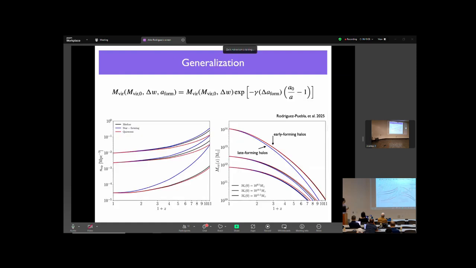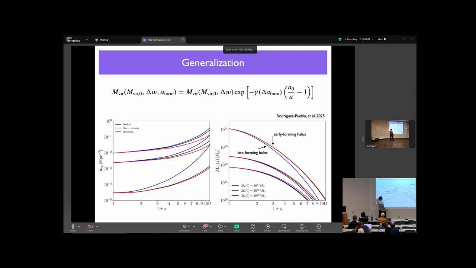And finally, we also provide a way to generalize this model. We use the halo mass growth histories proposed by Risa Wechsler as a way to modify a bit our fit of the growth of dark matter halos. So now our formula for the median growth of dark matter halos will depend on a formation time. You can use whatever halo property you think parameterizes that halo formation time.